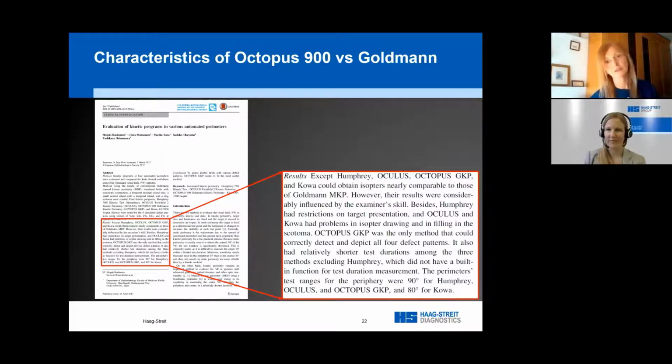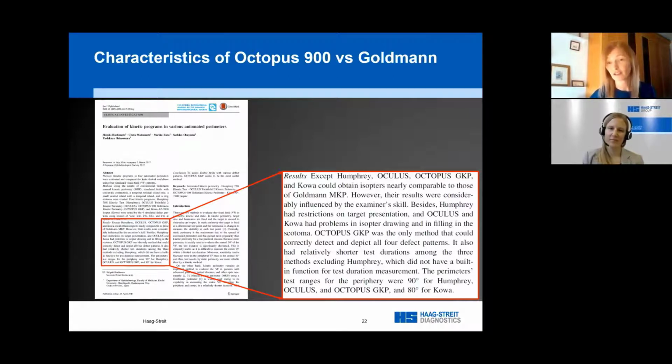our study only looked at a very, very small number of participants with Humphrey versus Octopus 900. But this is a Japanese publication by Chota Matsumoto's group, and they did a comparison of four kinetic perimeters. So that's quite a really nice paper to read.